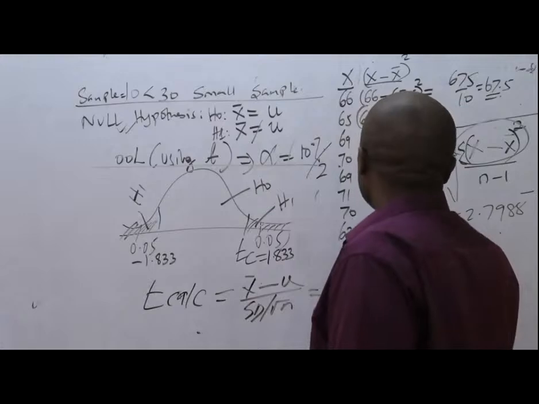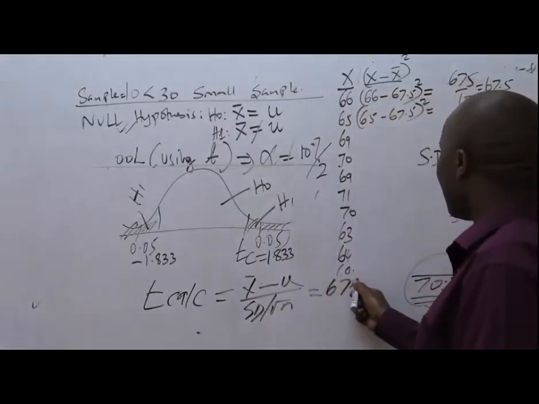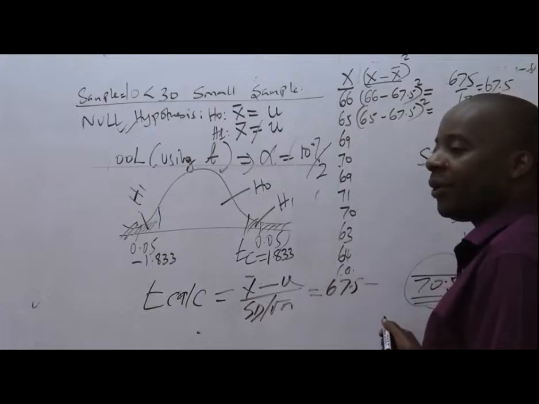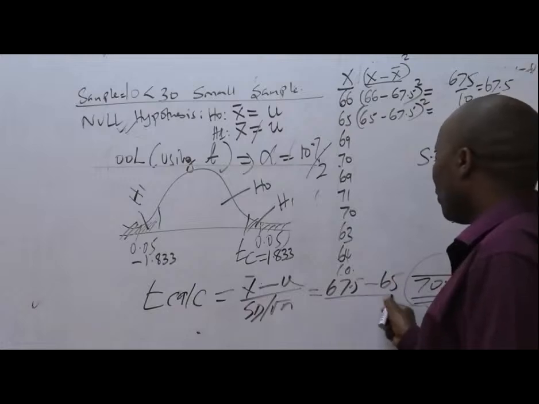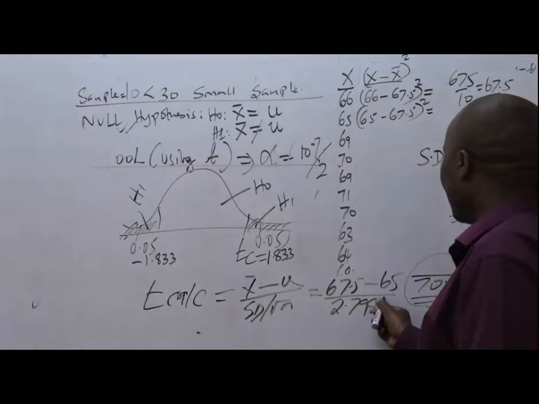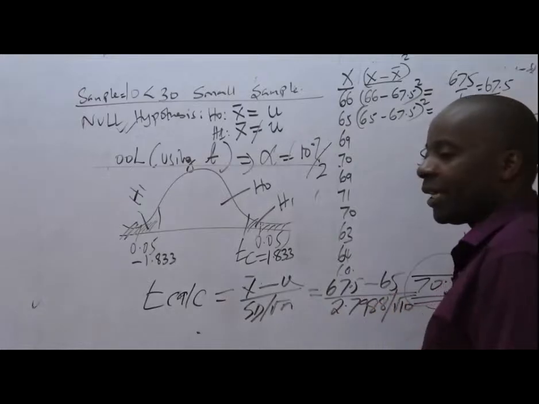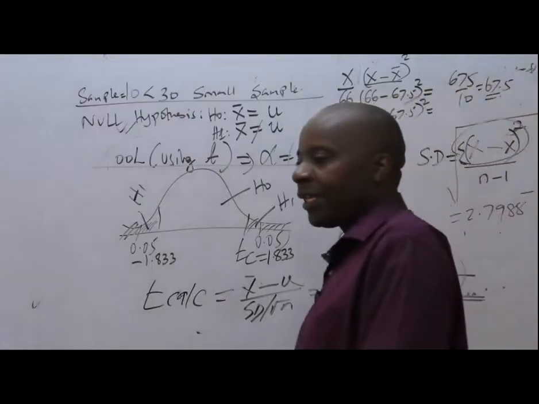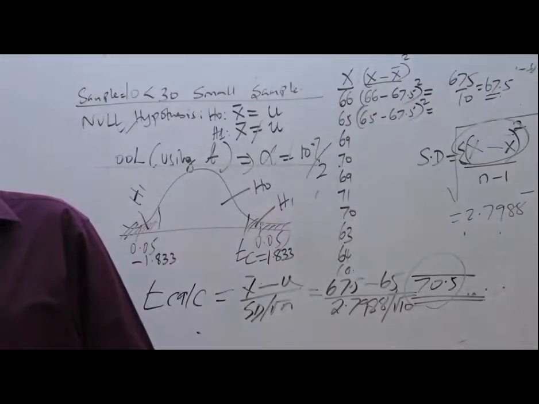So it will be X bar of 67.5 minus the mean, which is 65, all over the standard deviation that you gave me as 2.7988, all over square root of 10.